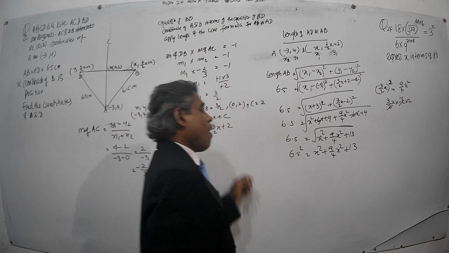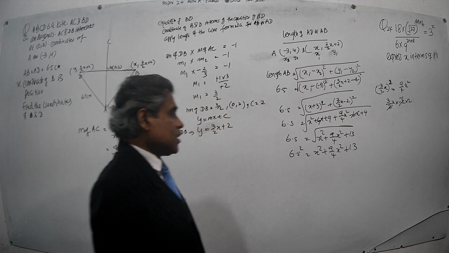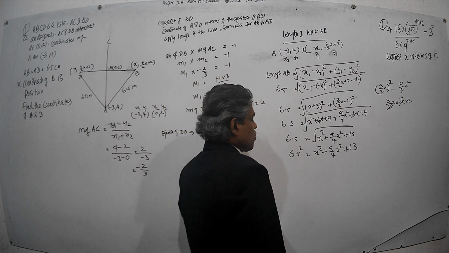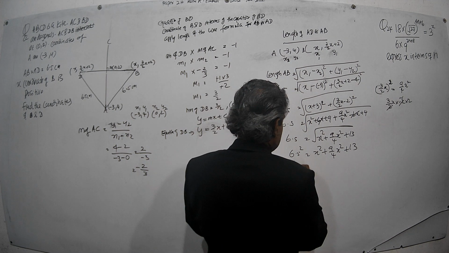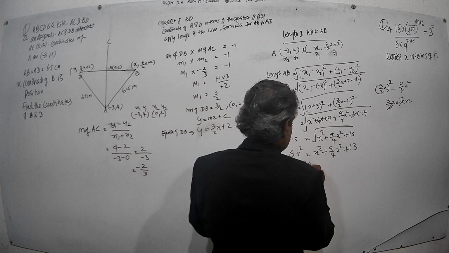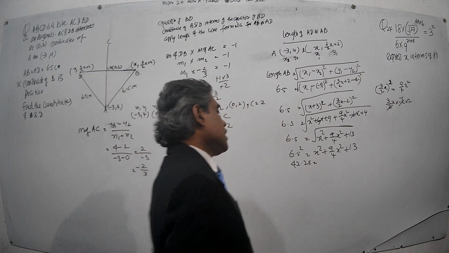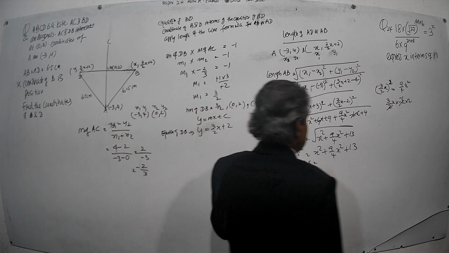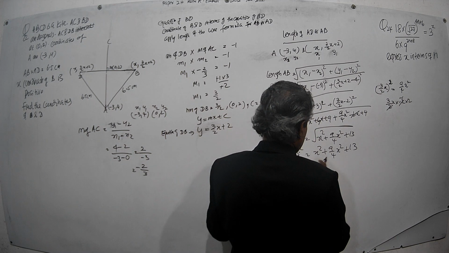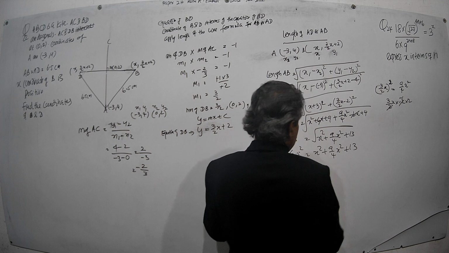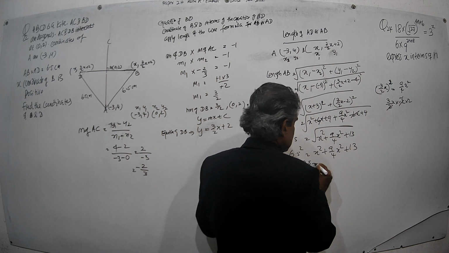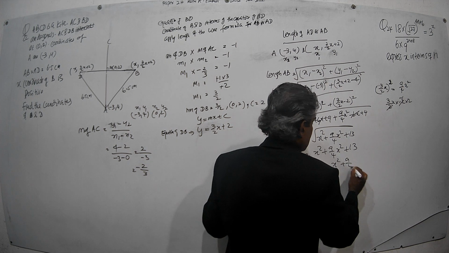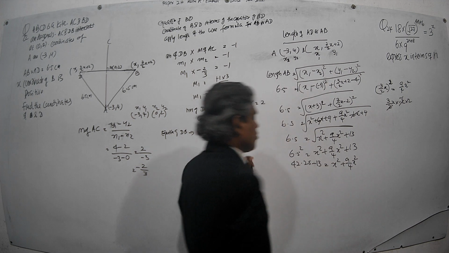Okay, that's right. Now 6.5 squared means how much? It is 42.25. That is the square of 6.5. Then bring this 13 to this side, so minus 13 equals x squared plus 9 over 4 x squared.